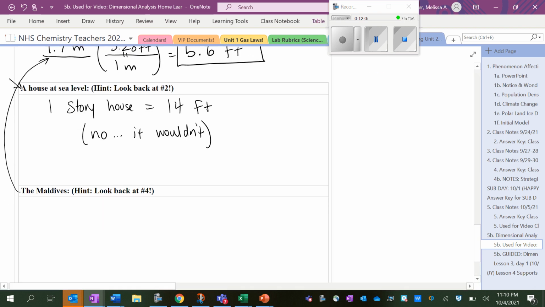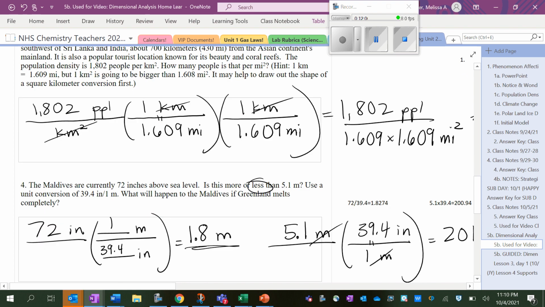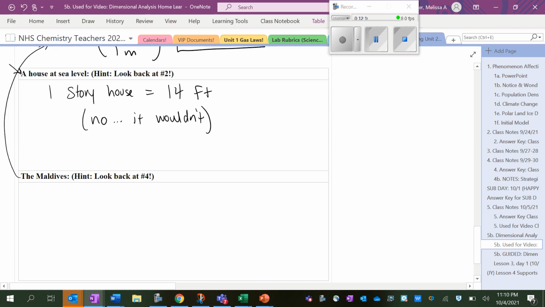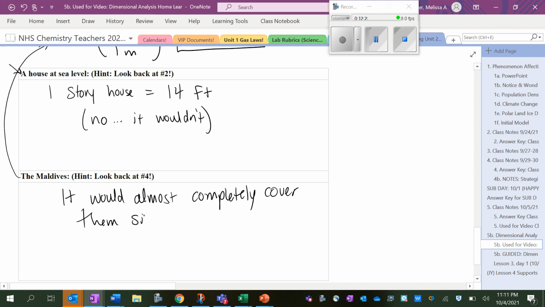Then it would almost completely cover them, since they are only 1.8 meters above sea level.